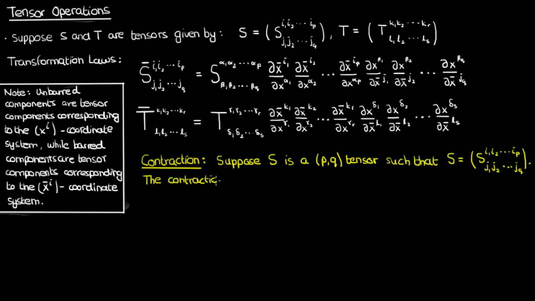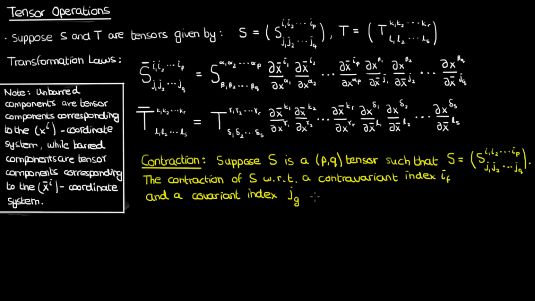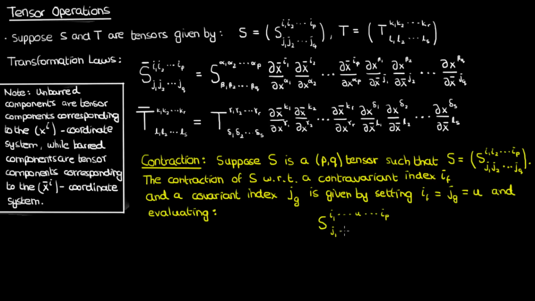If I want to contract S with respect to a contravariant index IF and a covariant index JG, where F and G are any number from 1 to P and 1 to Q respectively, I replace each of those indices by the same index U. And now, since I have U as a repeated index, I conduct a summation over U from 1 to n to end up with my contracted tensor S prime. Now, some programming languages use this prime to mean transpose, but in this context it means contraction, not transpose.